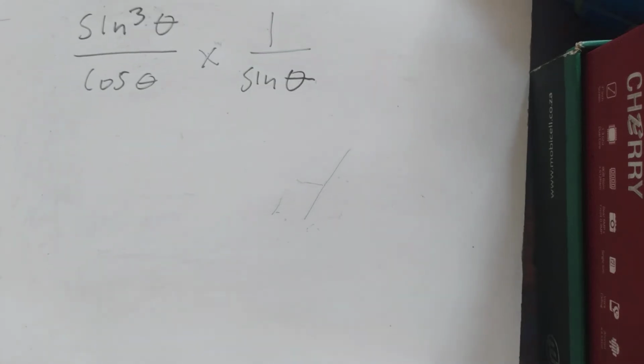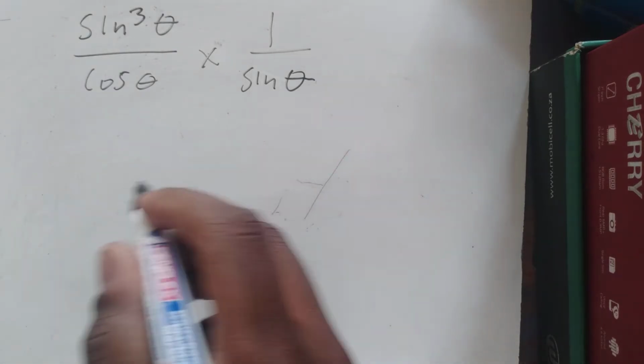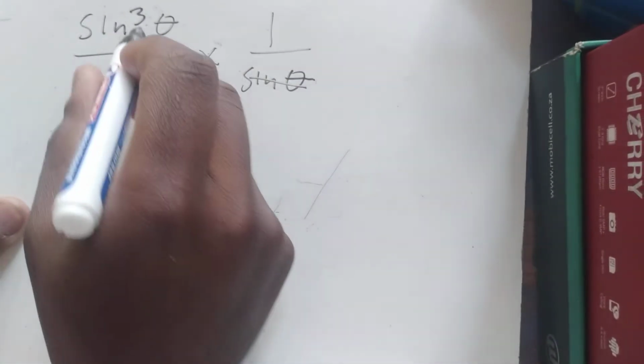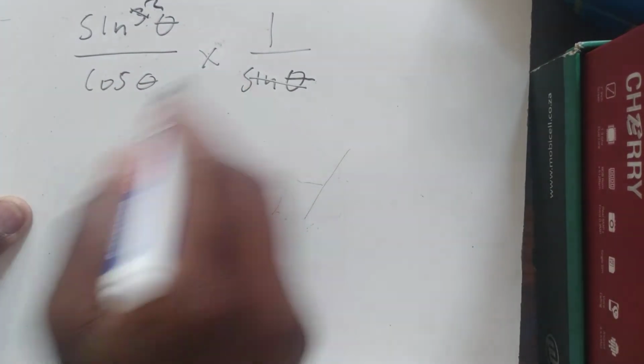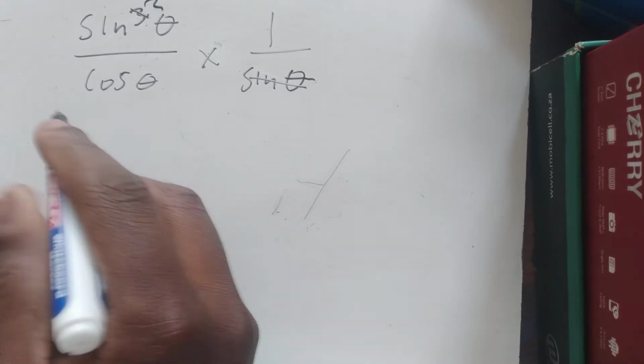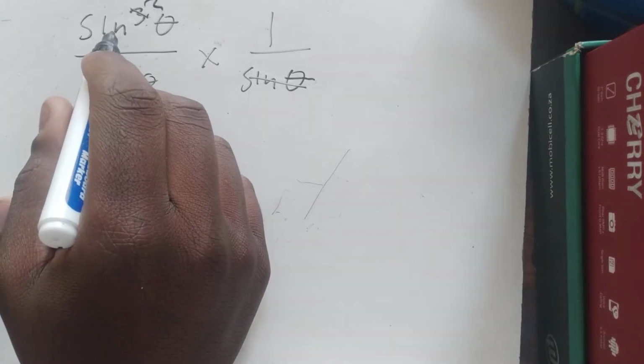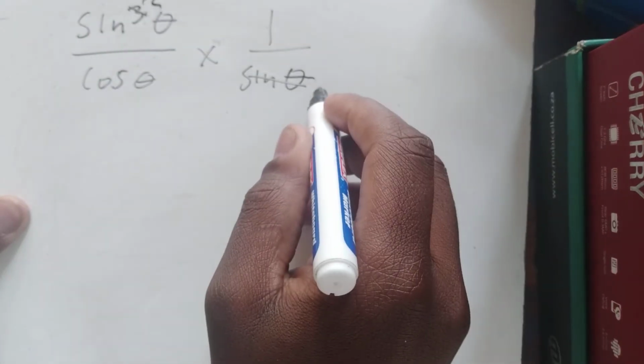Here is another example. You can even attempt this. You can even pause the video and attempt it if you want to. So let's look at this. So what happens here is this will cancel with one of them, so it will be left 2. Then there's nothing to cancel out there, right? So now what we're left with is sine squared theta here. So sine squared, and then down here we're left with 1.